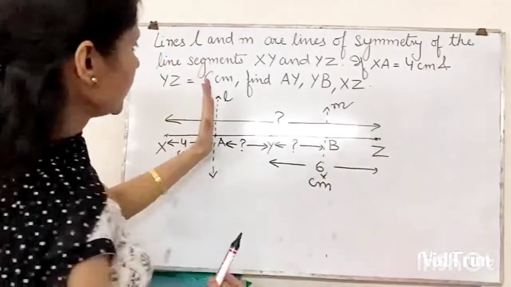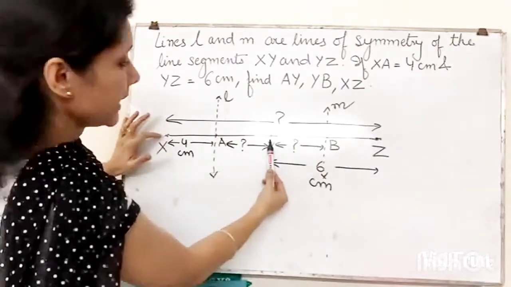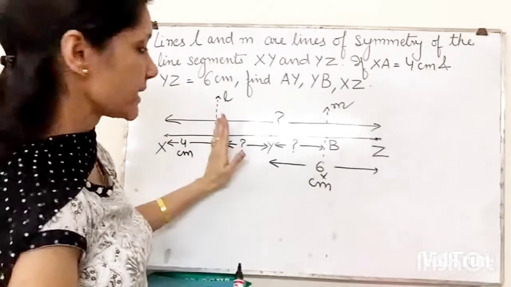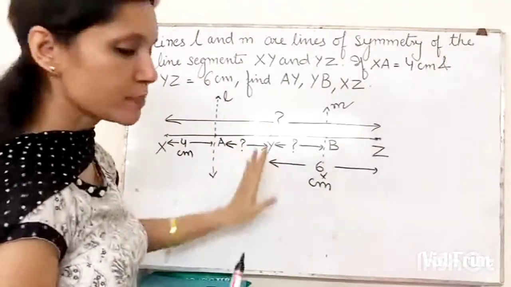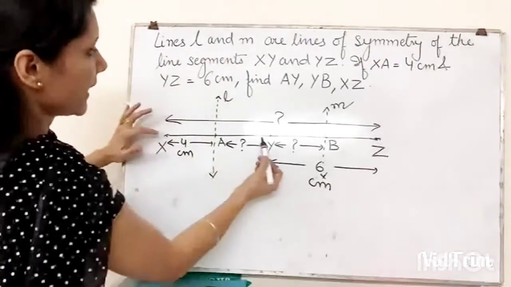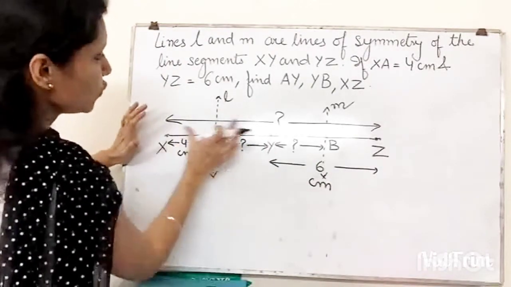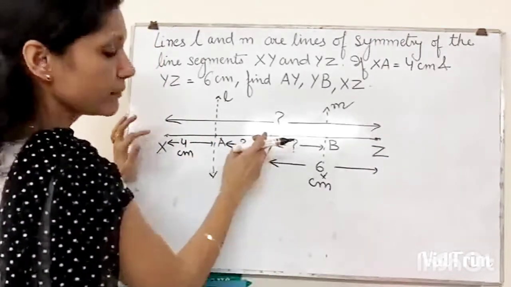Now that we know that line L is the line of symmetry of XY, that means whatever is present on the left side of this line L, the same is present on the right hand side also. That means this line L is dividing XY into two equal parts. Yes or no? Line of symmetry always divides a line segment into two equal parts.